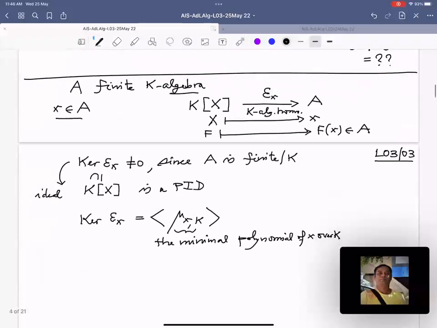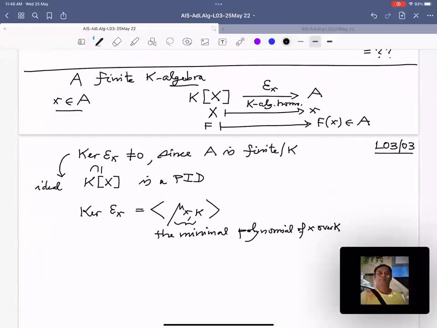And now we can also define, if you take that x, we have this lambda x. Lambda x is multiplication on the left by x, so y going to xy. So obviously a K-module, K vector space homomorphism, K-linear.